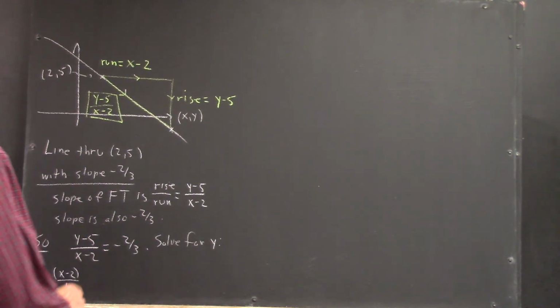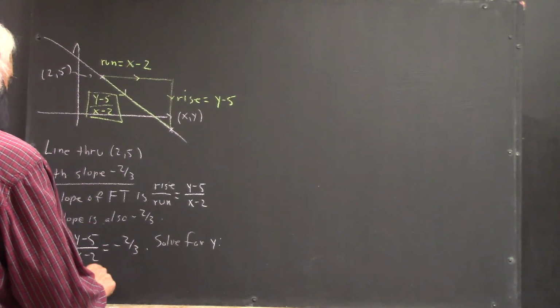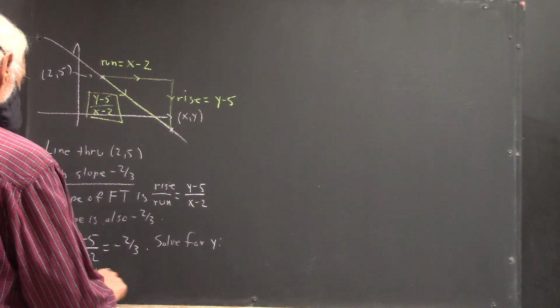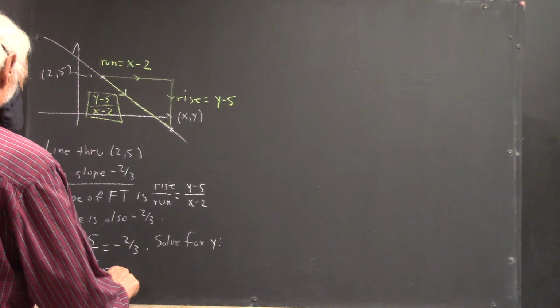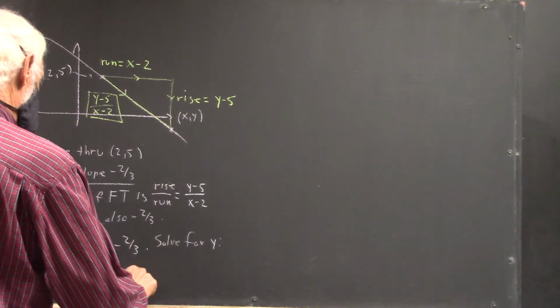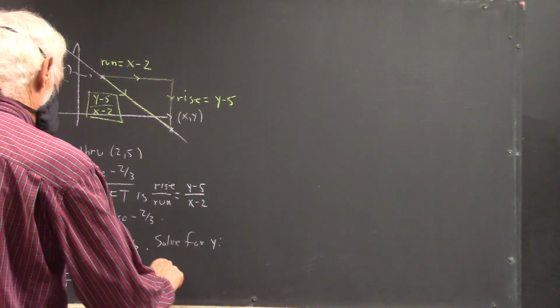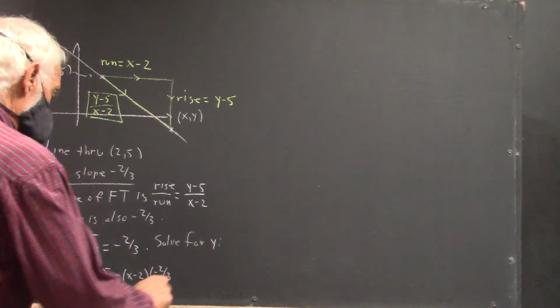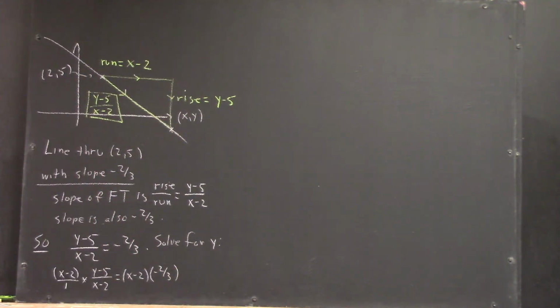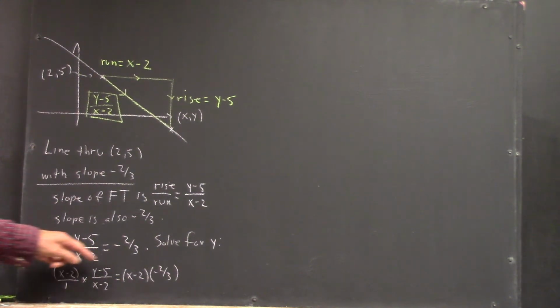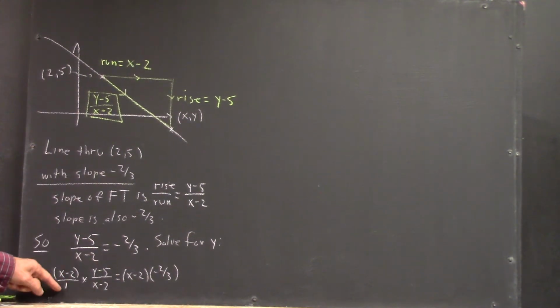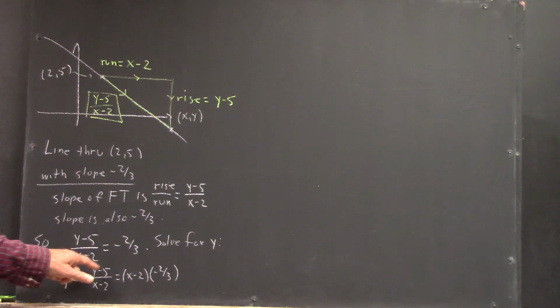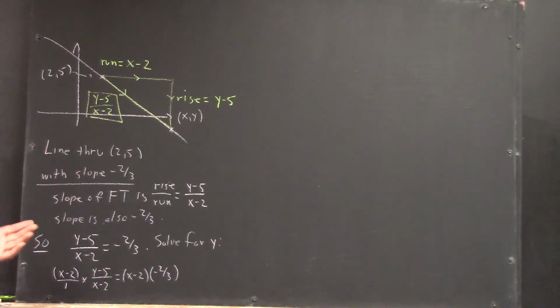We'll do x minus 2 over 1. And we get this, right? Now we know that we could rewrite this as x minus 2 over x minus 2 times y minus 5 over 1, right? So we end up with just y minus 5.